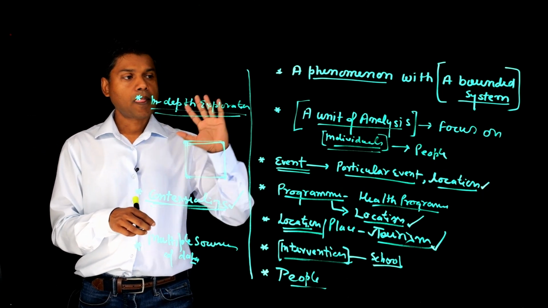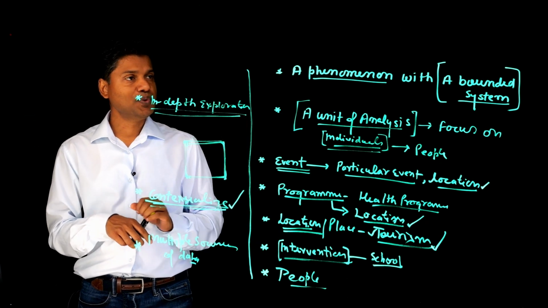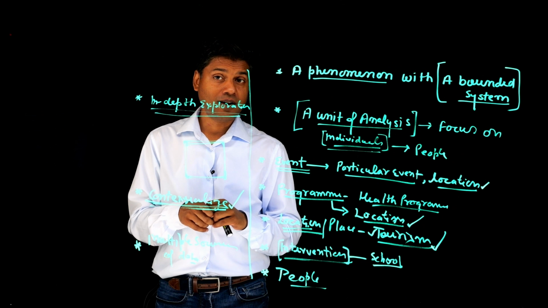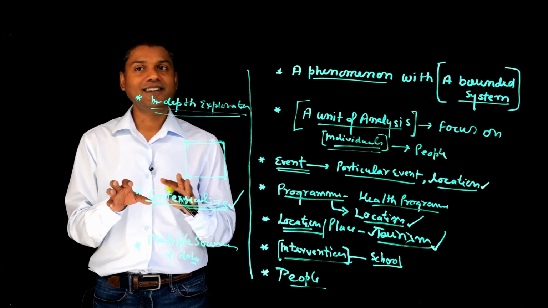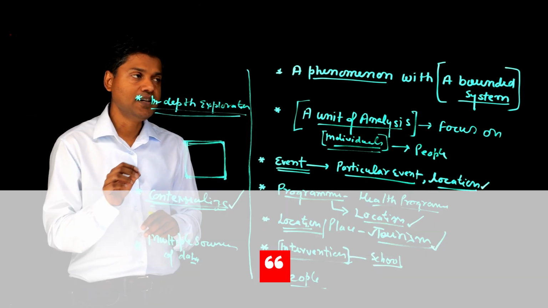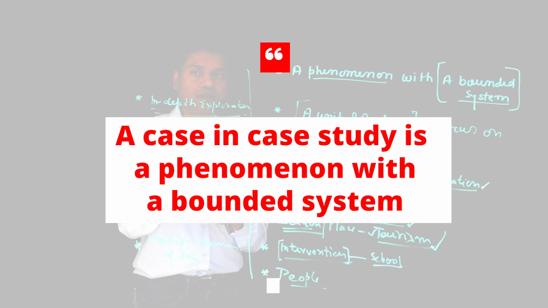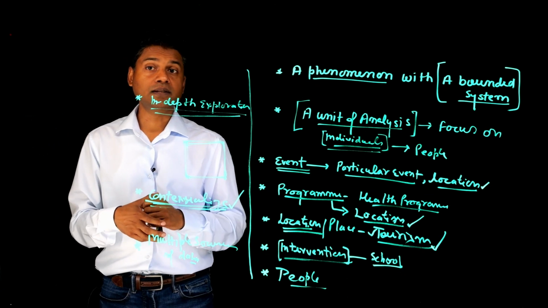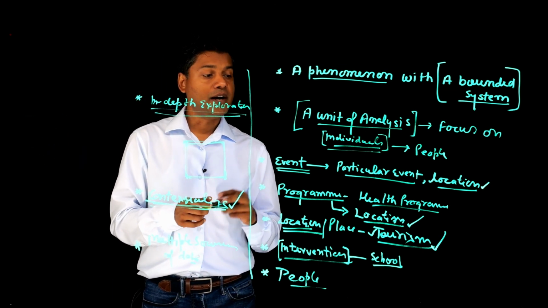So let's come back to the question we started with. What is a case in, not in phenomenology, in case study? A case in case study is a phenomenon which is bounded by certain criteria, certain conditions, certain parameters.